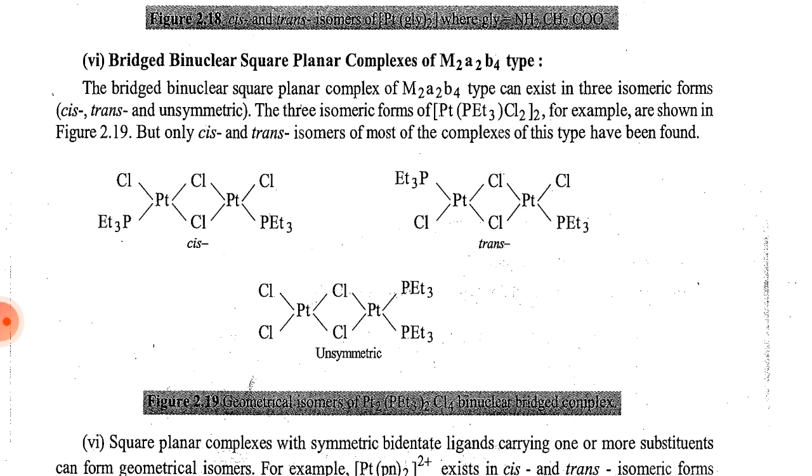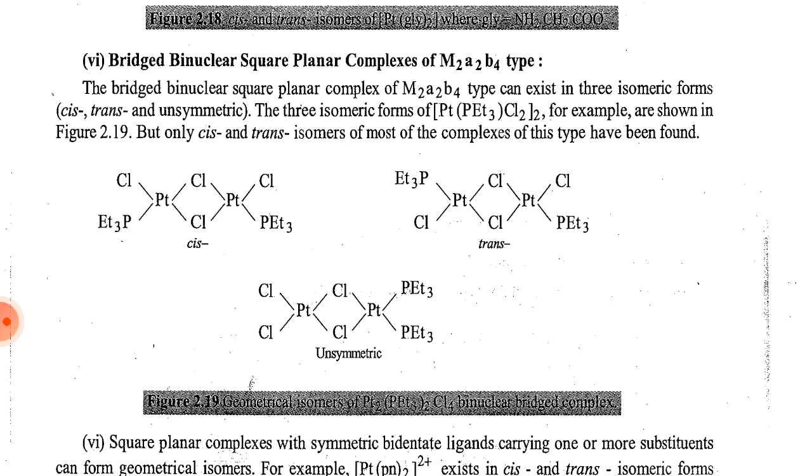So what does it show? It shows three isomers. One molecule can show three isomers: cis, trans, and unsymmetrical. These three isomeric forms of the molecule are cis, trans, and unsymmetrical to each other.